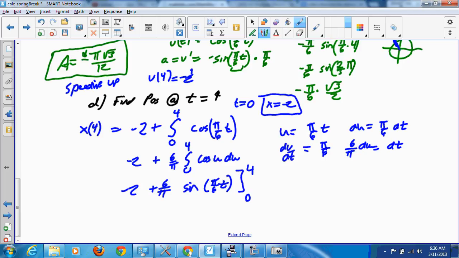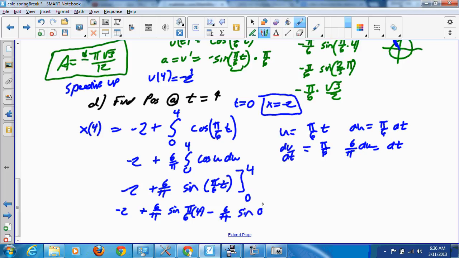I guess we probably need to clean this up. So -2 stays along, and 6 over pi sine of what? Pi over 6 at 4 seconds minus 6 over pi sine of 0.